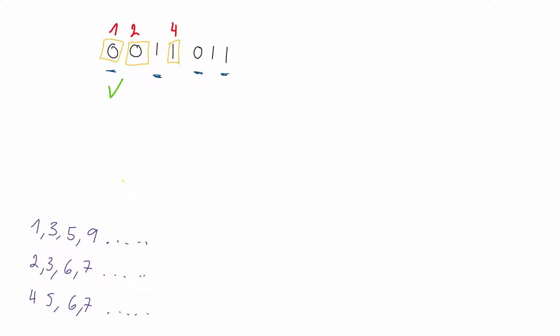Next thing I do is I look over here on my next line, which is 2, 3, 6, and 7. So I'm going to start with 2, and I'm going to count 2, 3, 6, and 7. So here we have a 0, a 1, a 1, and a 1. I'm going to mark it off so we can make it a lot easier.